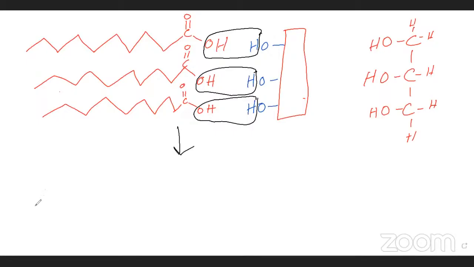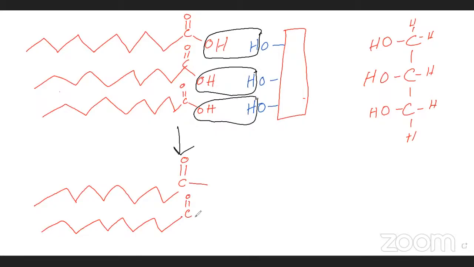All right, so I'm going to draw back my 3 fatty acids. Remember now the OH has been removed. And I am going to connect it to the oxygen of the glycerol molecule.